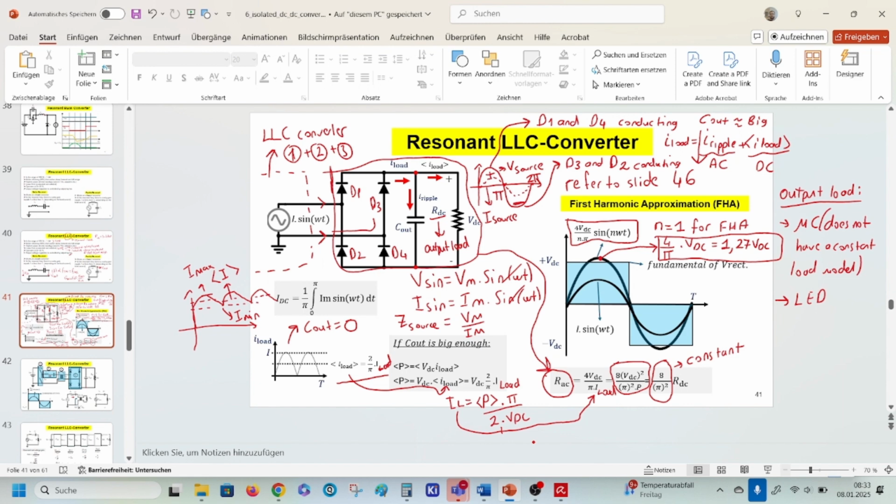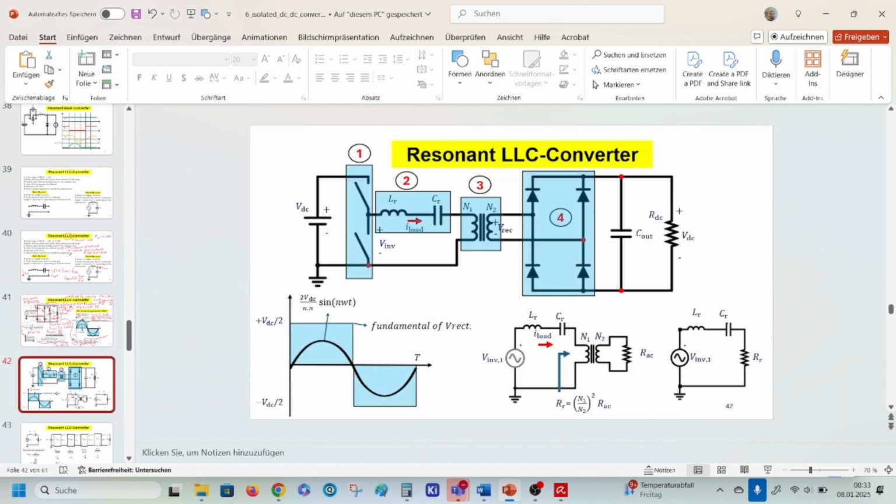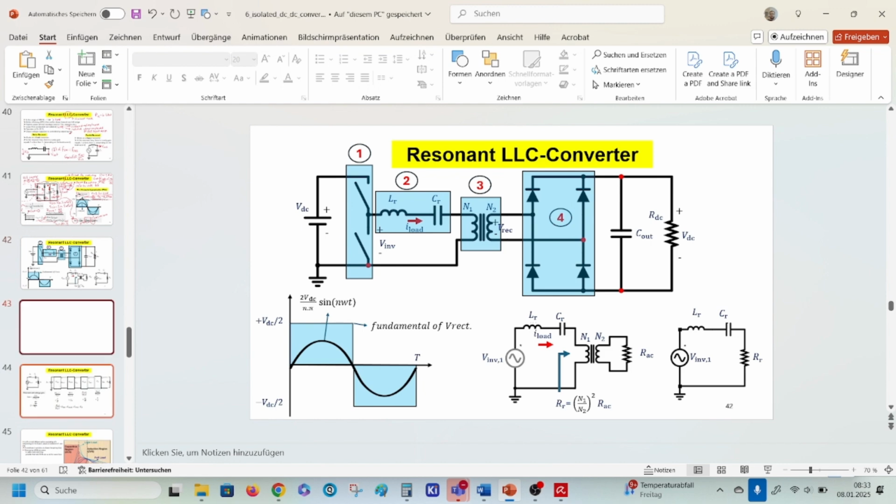Any questions about anything, how we calculate it? Okay, let's go further with the resonant LLC converter.